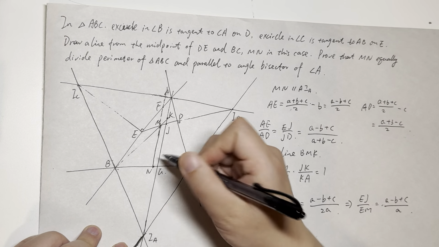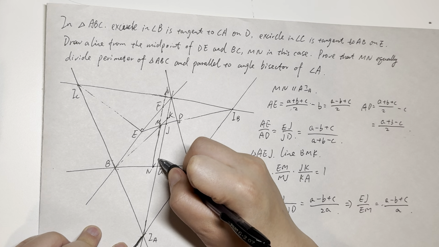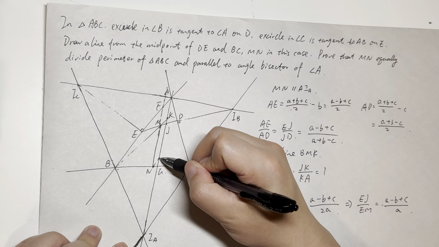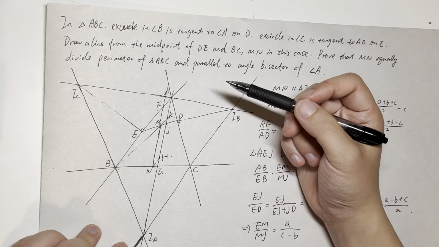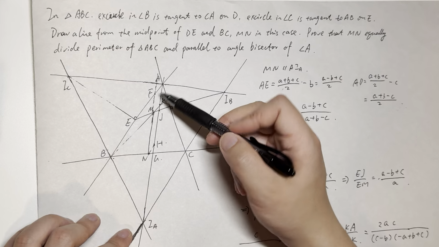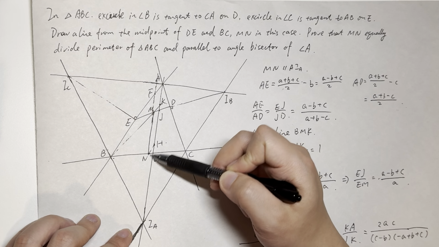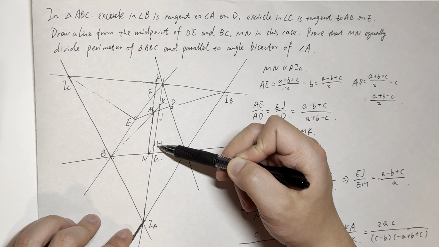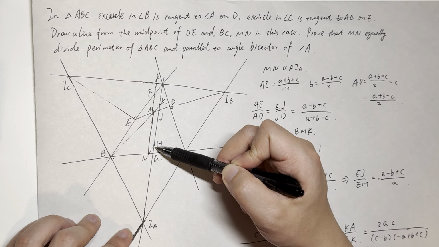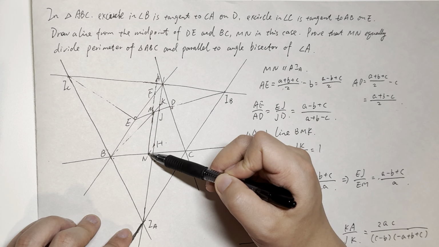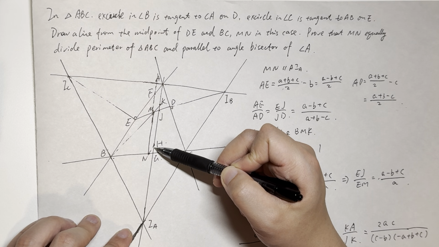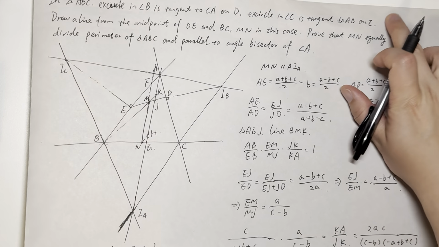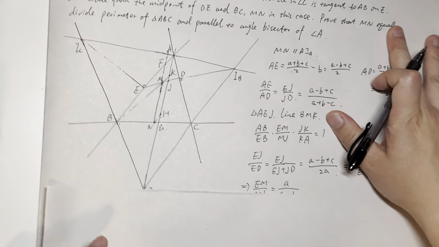Let's call this point F, right? And from N, we can draw a parallel line to AB and meet AG at H, right? So we know that AF is parallel with NH and FN is parallel with AH, which means AFNH is a parallelogram, which means AF equals NH, right? So we want to prove that, let me write here.